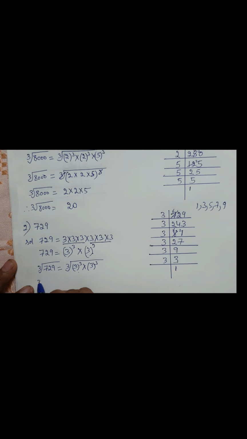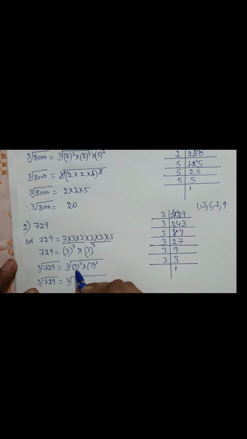Now again we will write the cube root of 729 is equal to, 3 means cube, children, and we will remove this small bracket and put them into a big bracket. So 3 multiplied by 3 in this big bracket. Now, these 3 and 3, we will put a single 3 over here, one common 3.